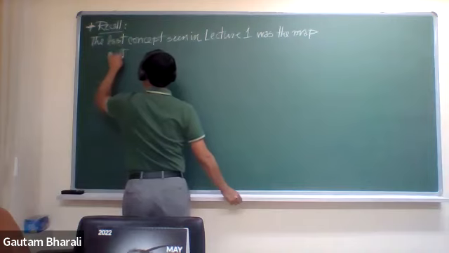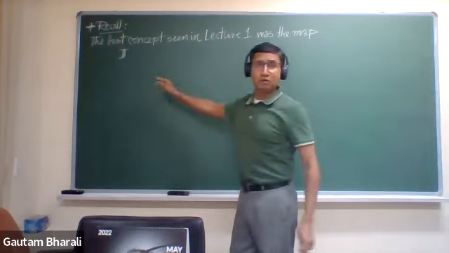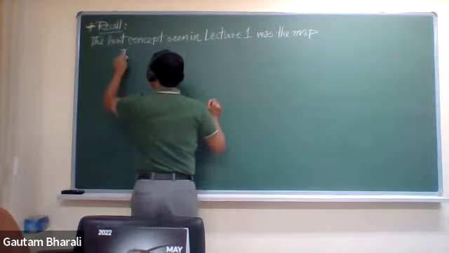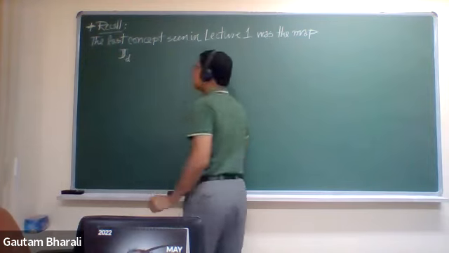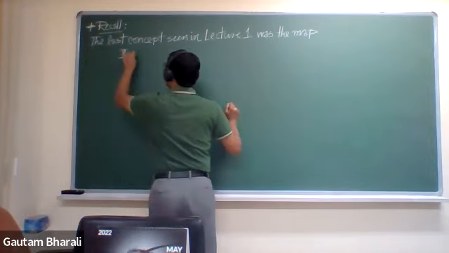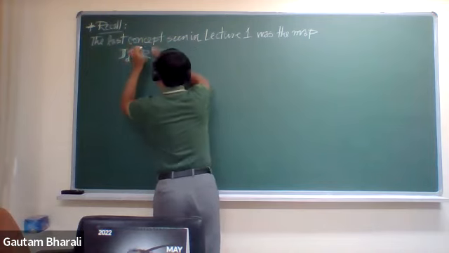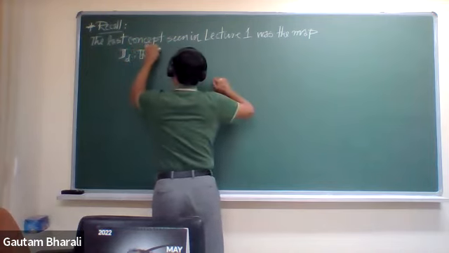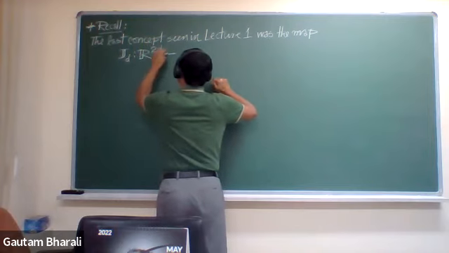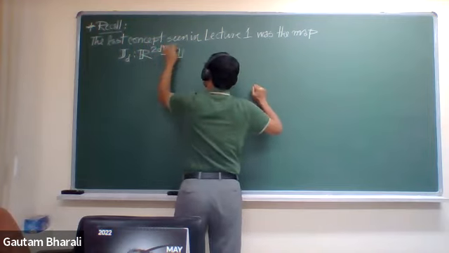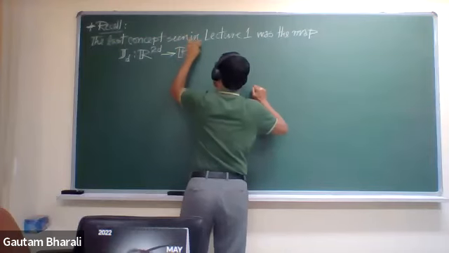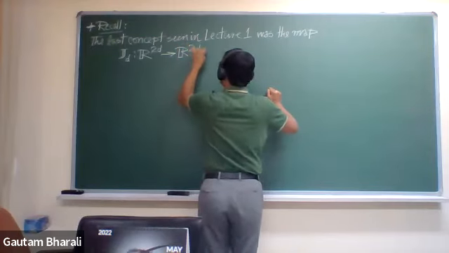I had used this notation, I believe, bold J, sub D. This is a real linear map from R^2D to itself, and it has the following effect.